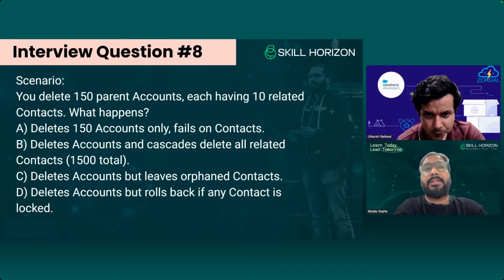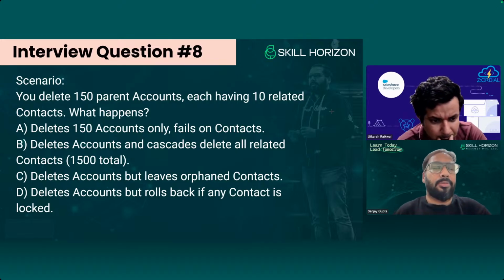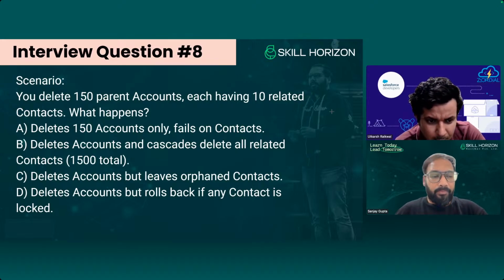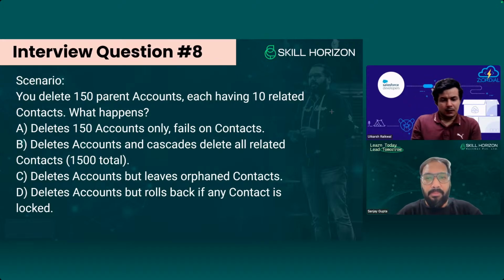C says deletes accounts but leaves orphaned contacts. D says deletes accounts but rolls back if any contact is logged. These are four options, and again this is a very good scenario that you might face. Do let me know what is your take on this.